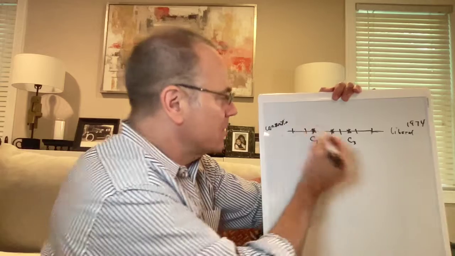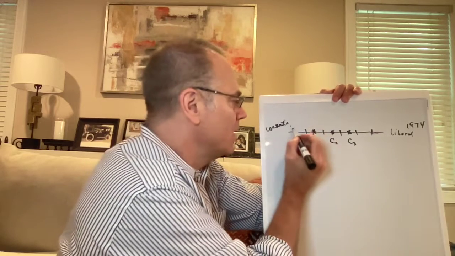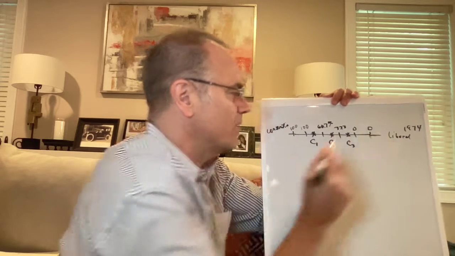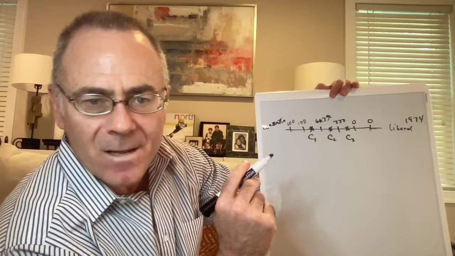And this legislator would have voted on the conservative side of all 3 roll call votes, so he or she would have gotten 100. Same thing for that legislator. That legislator would have gotten 66.7. That one would have gotten 33.3, and that one is 0. That one is 0.